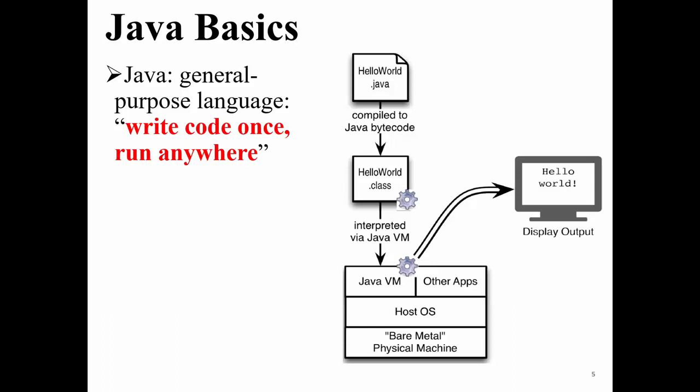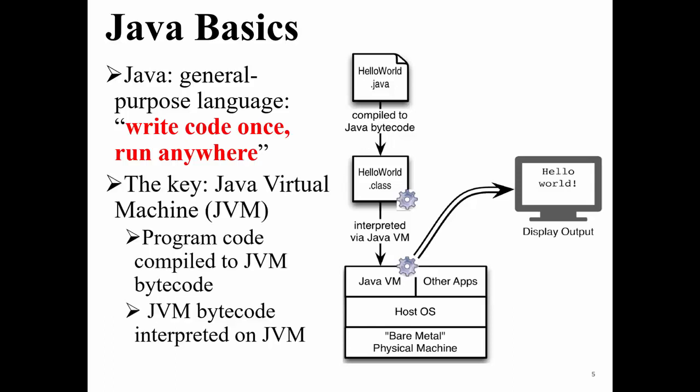Then you run javac to compile it to create HelloWorld.class. Then you run this HelloWorld.class, which is bytecode that can run anywhere as long as you have the Java virtual machine. If you have the Java virtual machine on your PC, you can run the program. So the beauty of the Java virtual machine is running the bytecode.